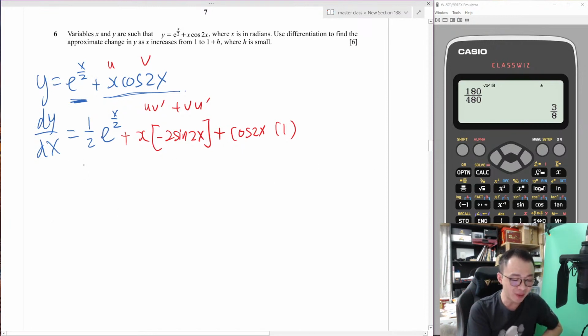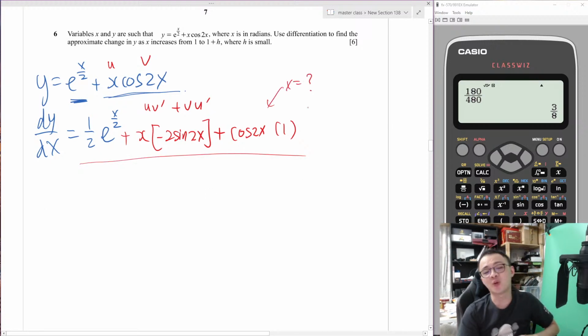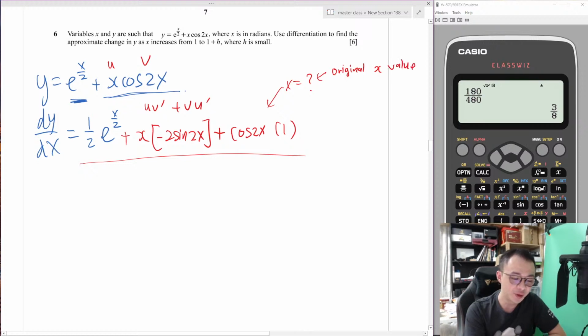Normally I will want to substitute the x value into here. But I ask myself, what's my x value? In a small change question, I tell my students it is the original x value. You can see x is changing from 1 to 1 plus h, so your original x value is 1, because 1 plus h is your new x value.